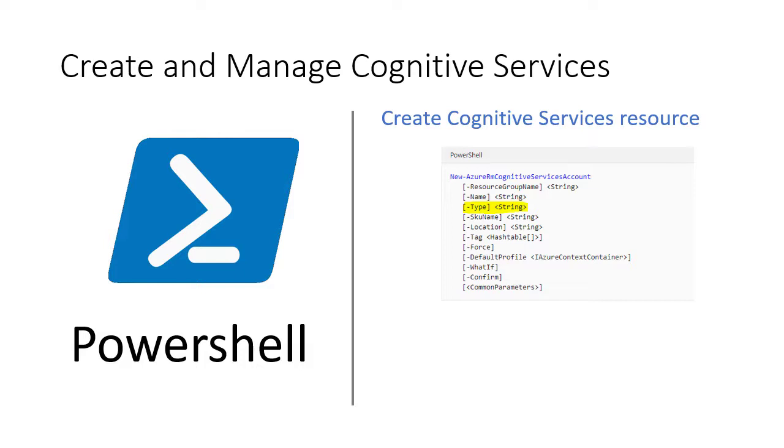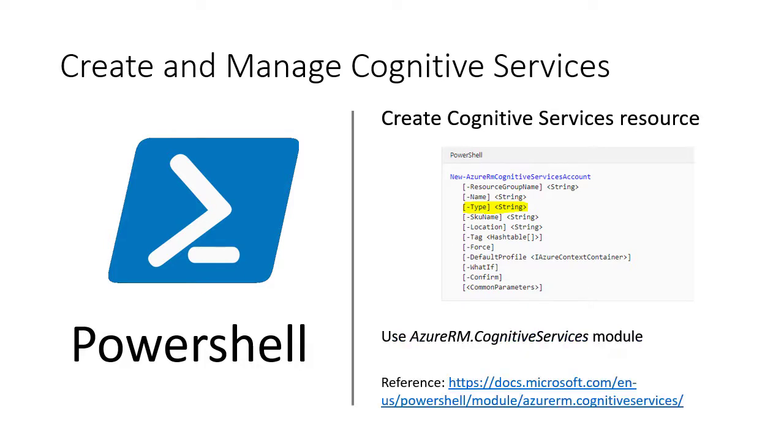Again, the important detail is related to the type of service you select, and consequently the pricing tier or SKU that you use. This command is available in the cognitive services module of the Azure ARM library. In case you want to explore other commands available in this library, please have a look at this reference to the documentation.